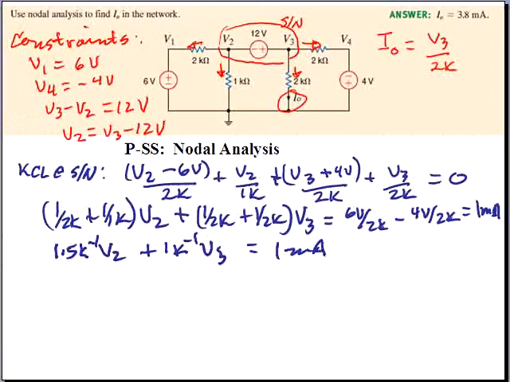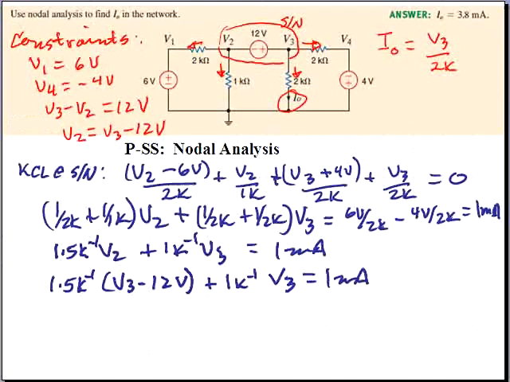Now we'll use our node voltage relationship for that supernode and substitute that V2 is V3 minus 12 volts, plus 1K to the minus 1 V3 is equal to 1 milliamp.